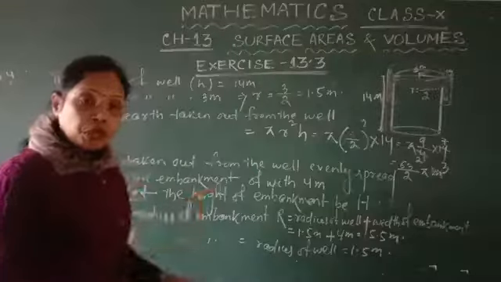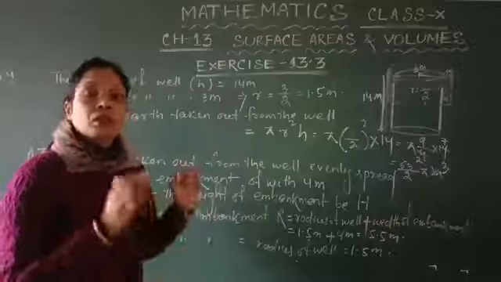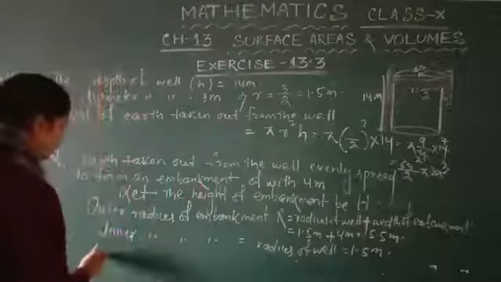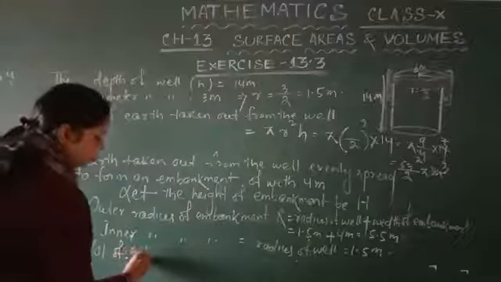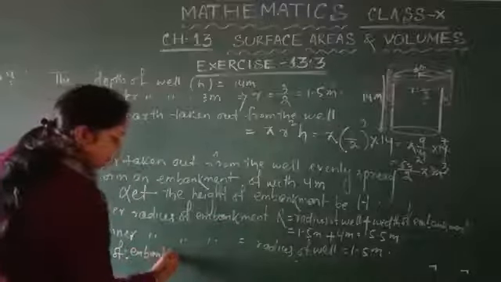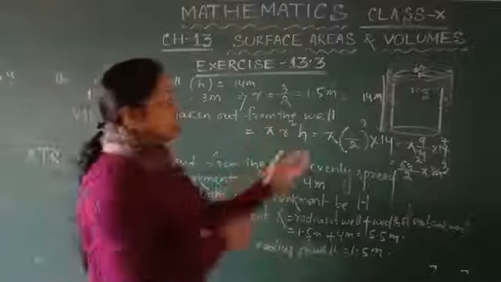So the volume of earth used to make this embankment, or the volume of the embankment, is equal to what? Now this is a hollow cylinder.